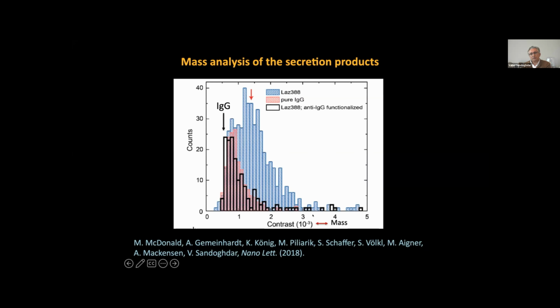And again, because the contrast is the same thing as mass, you can figure out how much of what kind of protein was secreted. And in that particular case, we could see that our IgG is coming out, but there's also other things that are being secreted.